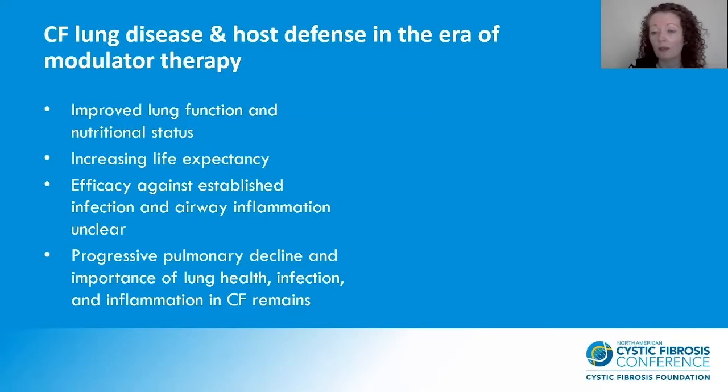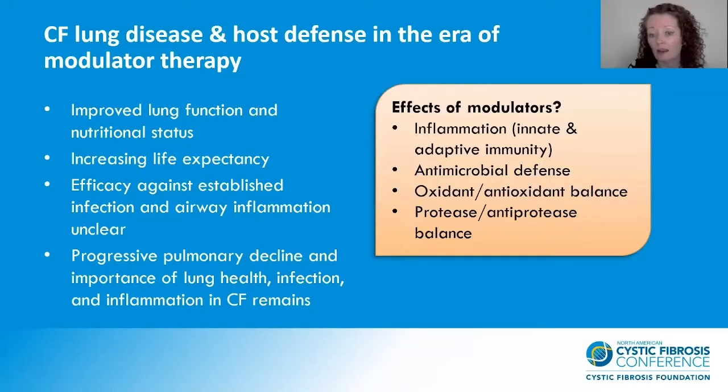CF. Studies have shown that modulators reduce bacterial colonization within the first year of treatment, but some isolates may eventually rebound over longer periods. The effect of modulators on inflammation is unclear, as there's evidence of both reduction and no effect on biomarkers, including neutrophil elastase. Obviously, a lot of what we know about host defense in the CF airways comes from pre-modulator times.